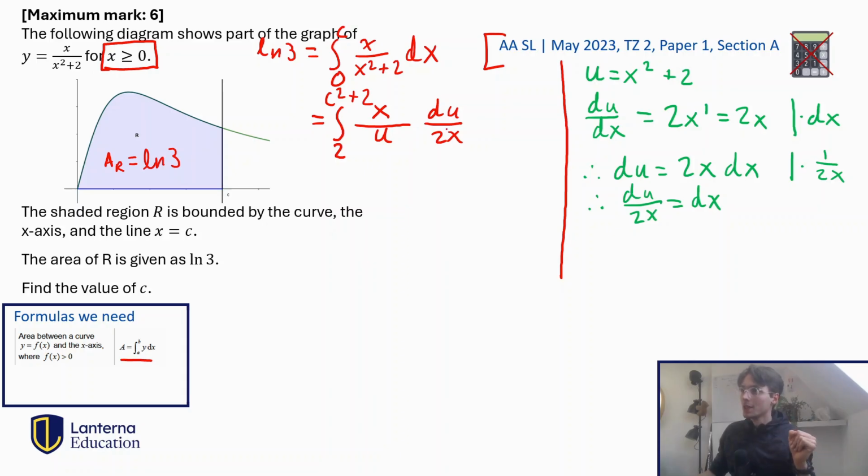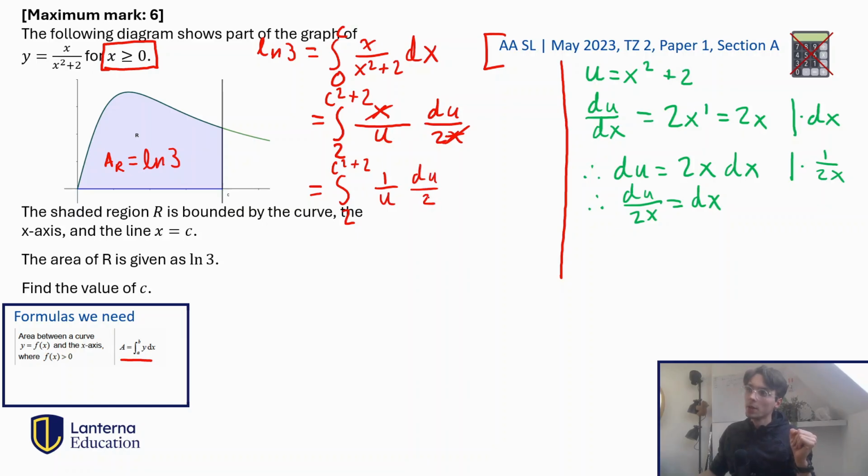Now, what can we immediately see? Well, if you're quick, you can see we've got an x on the top, an x on the bottom. Well, fractions are nice. They just cancel out. So these x's we can cross out. They disappear. So then we are left with the integral from 2 to c squared plus 2 of 1 over u du divided by 2.